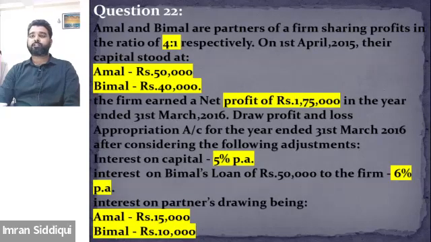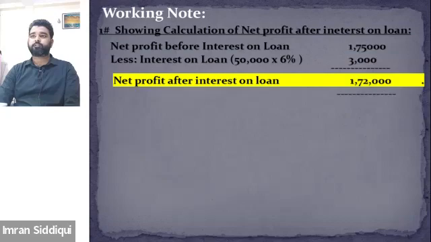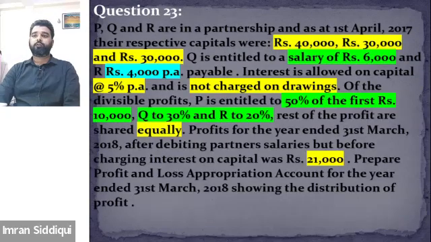All right, so let's start our session with question number 22. Amal and Bimal are partners of a firm sharing profit in the ratio of 4:1 respectively. Yes, we have done it. Okay. All right, so give a read to question number 23.